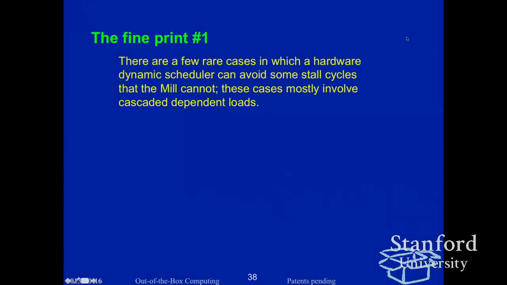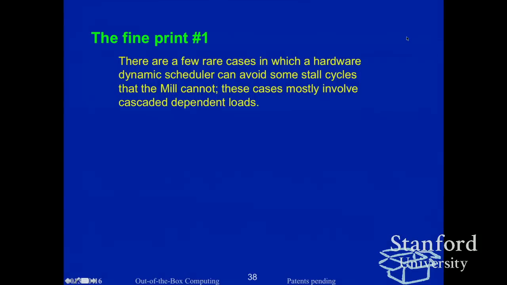Fine print. There are, in fact, a few rare cases in which a hardware dynamic allocator can find things to do that the Mill algorithm cannot find. It is an exercise for the student to figure out such an example. A hint is that these mostly involve cascaded load operations.